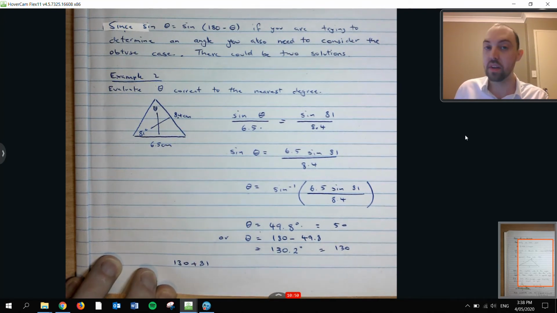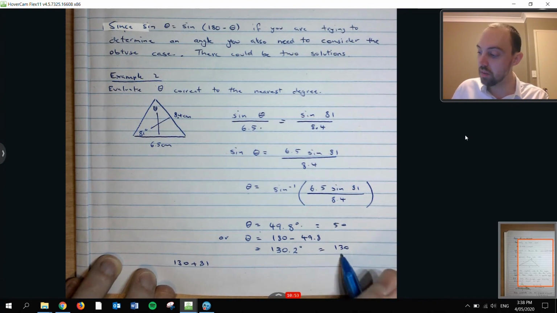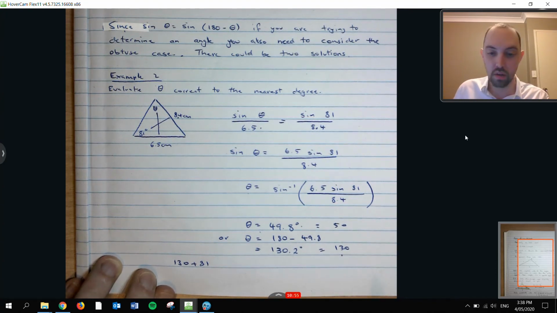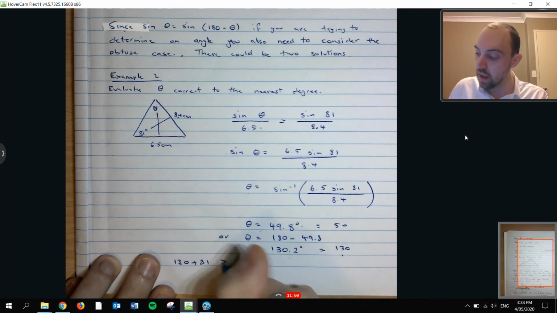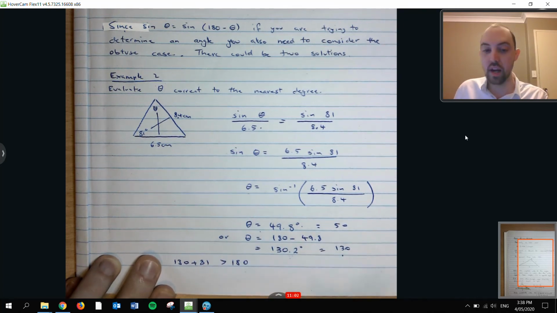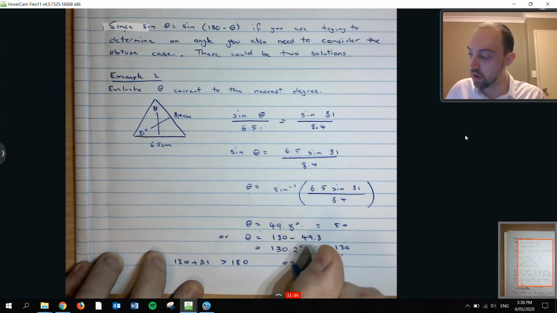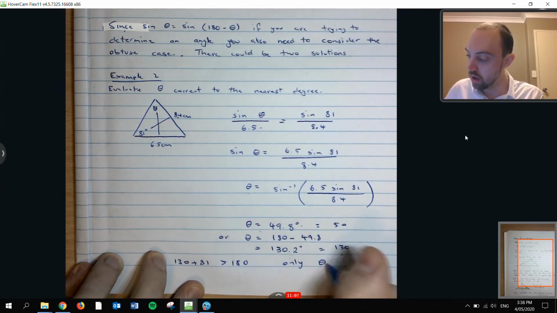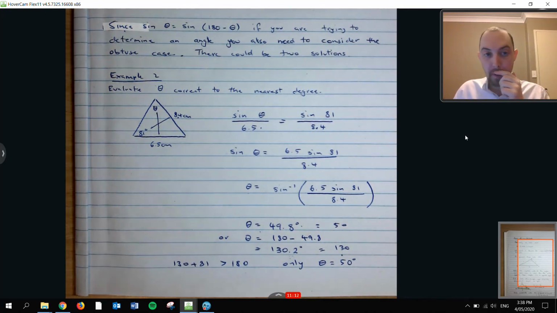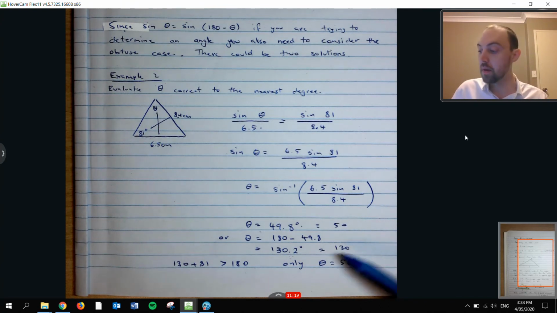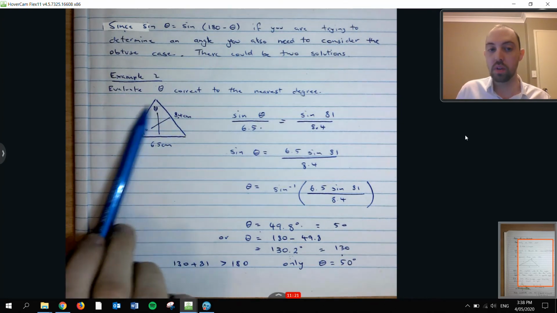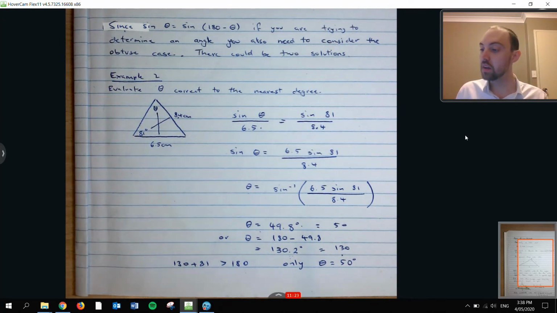Angles in a triangle have to equal 180, but if one of our angles was 130, and we've even rounded down in this case, then the total is greater than 180, which means only theta equal to 50 degrees can work. Okay. Check the obtuse, make sure you're aware that it is a possible solution, but check if it actually works within the realms of the information that we've been given to begin with.